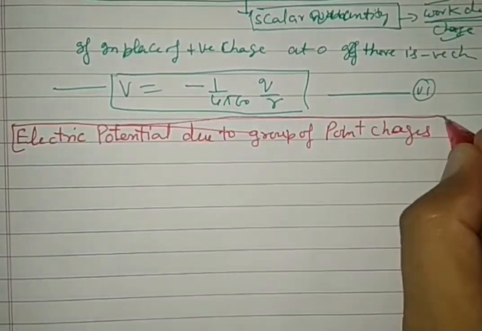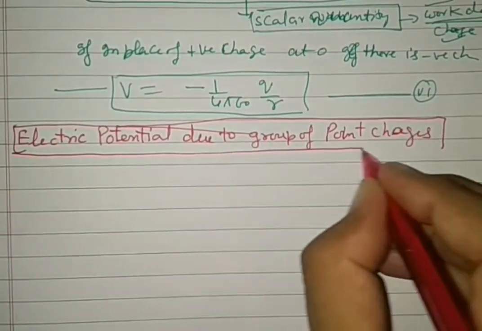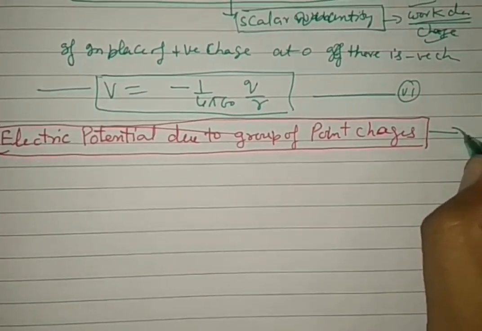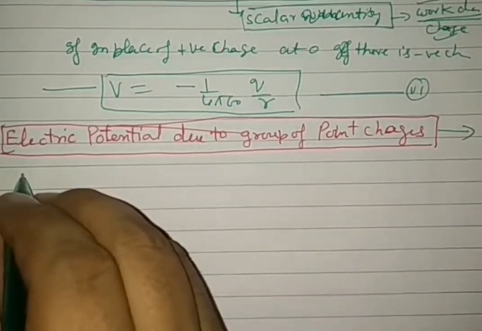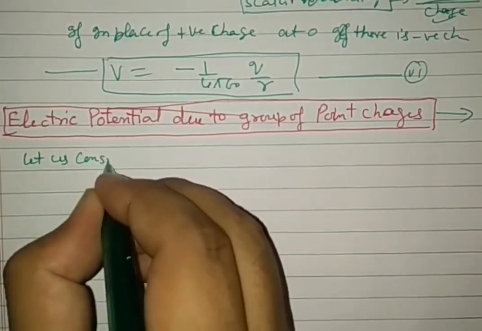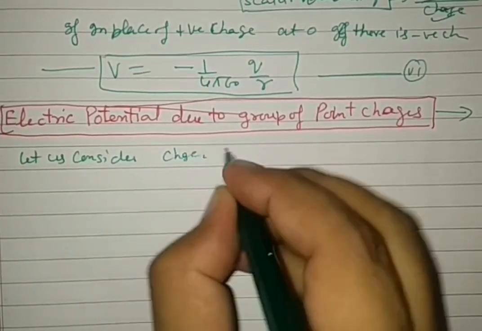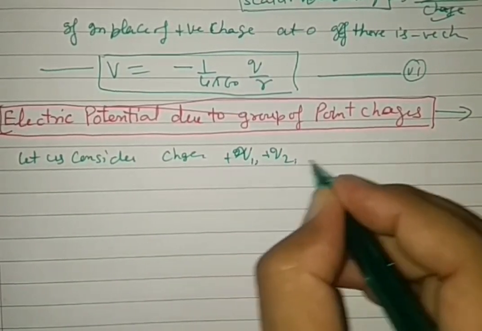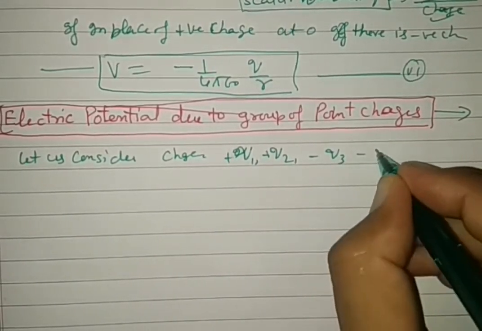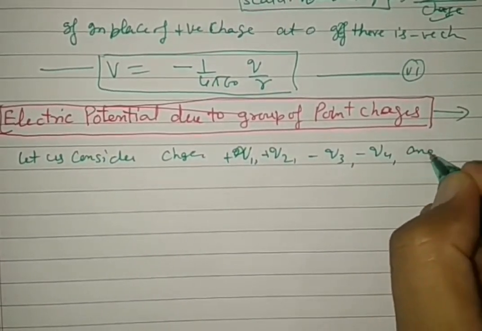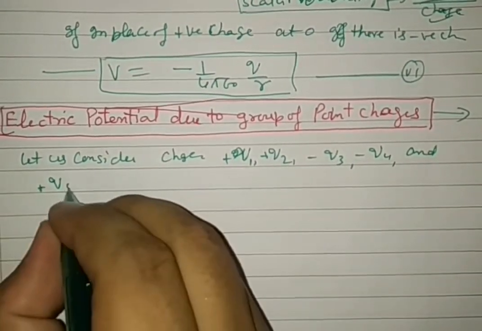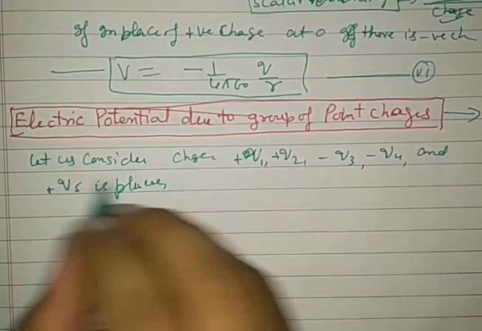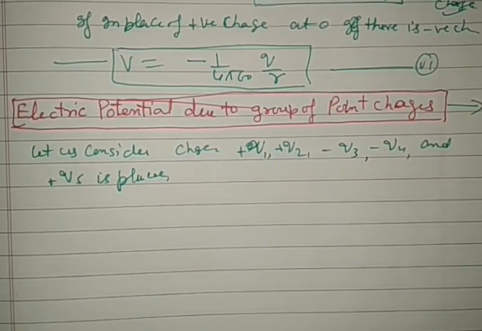See carefully, this is electric potential due to a group of point charges. Let us consider charges Q1, Q2, both plus, minus Q3, minus Q4 and plus Q5. A group of 5 charges is placed here.